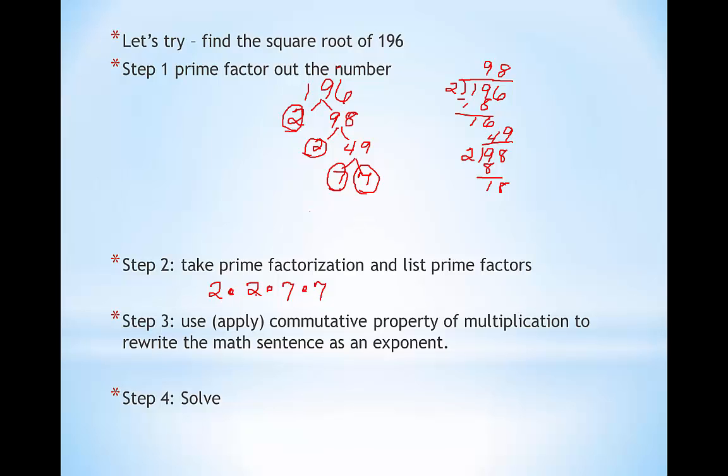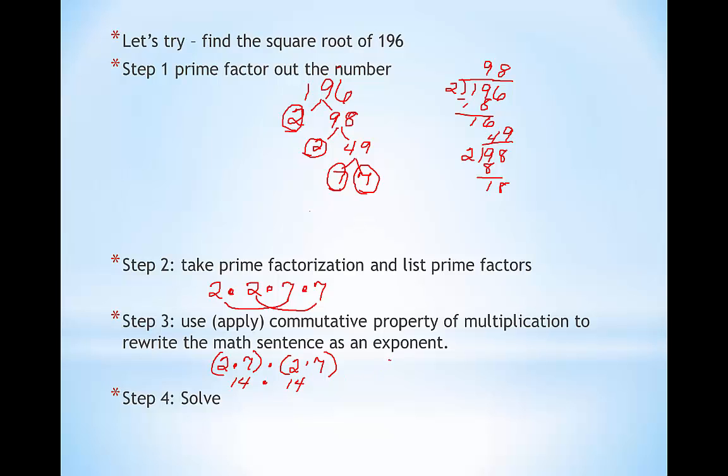Now I'll use my commutative property, and I will put these together. So I will rewrite it saying 2 times 7 is 2 times 7, and they're the same. So 2 times 7 is 14. 2 times 7 is 14.